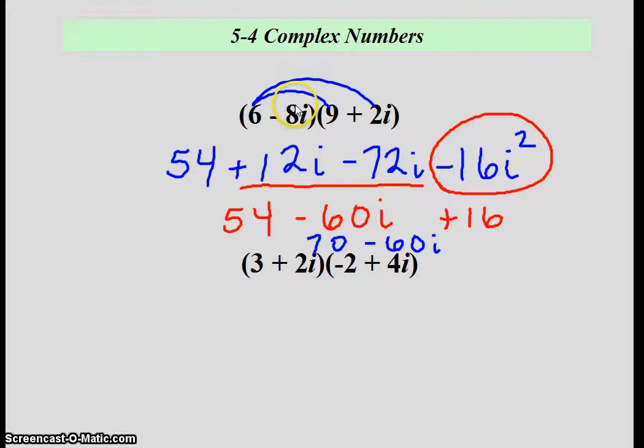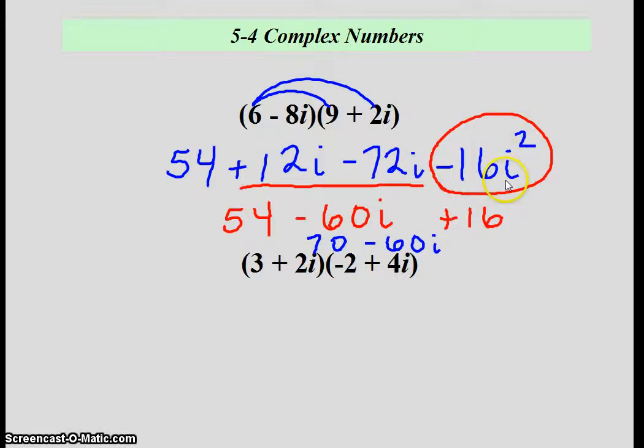same thing, you have 6 that you're distributing to both of these terms, your 9 and your 2i, which gives you 54 and 12i. You also need to distribute your negative 8i to the 9 and the 2i, which gives you negative 72i and negative 16i squared. However, this does not stay negative 16i squared.